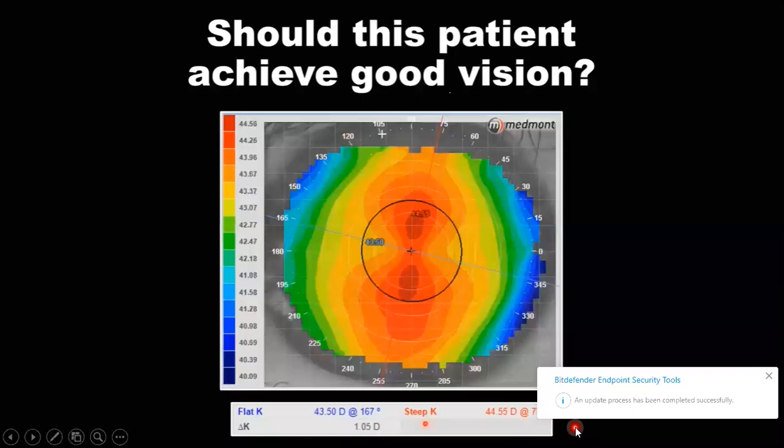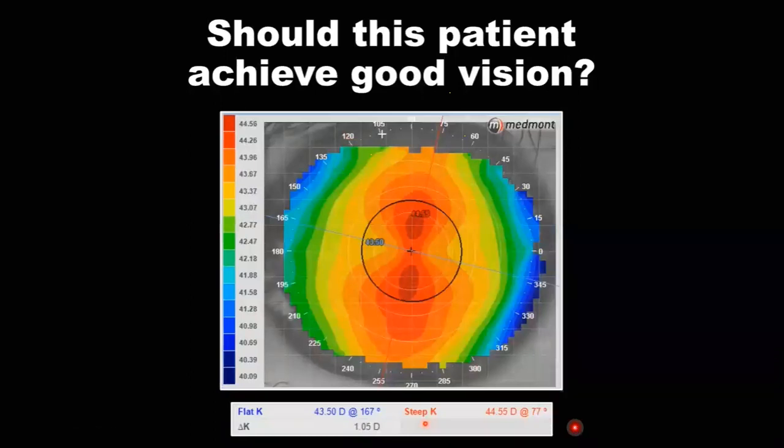So moving to the next, what about this cornea? Should this patient achieve good vision with spectacles or soft contact lenses? Yes, sir, he can use soft contact lens, because the astigmatism is around 1 diopter. So what is the question?